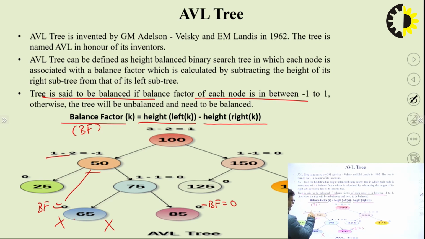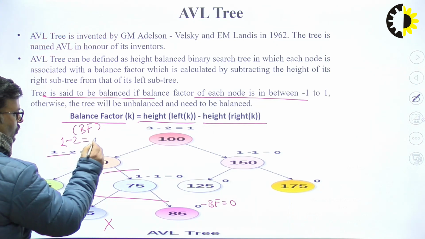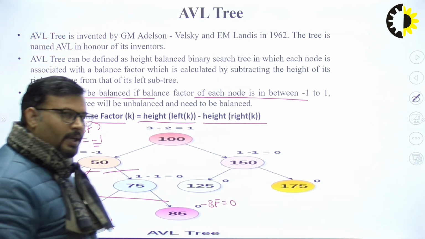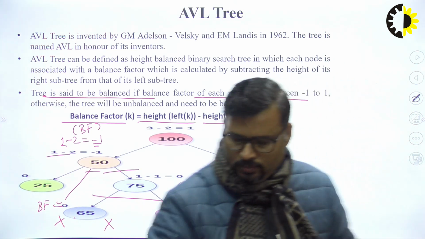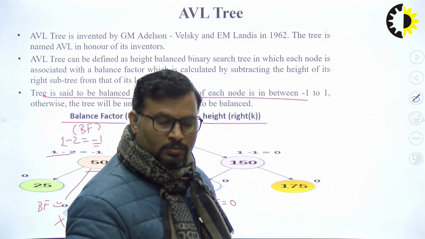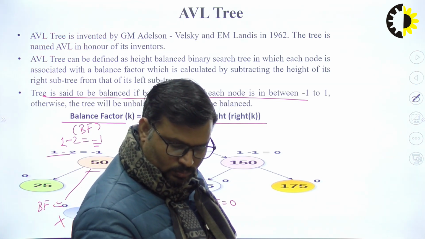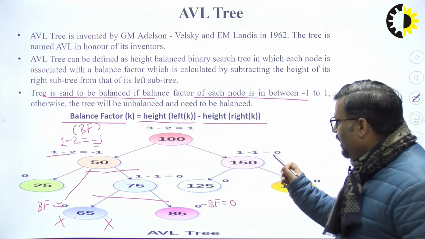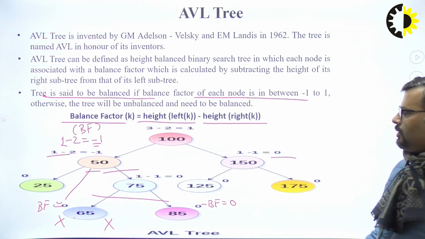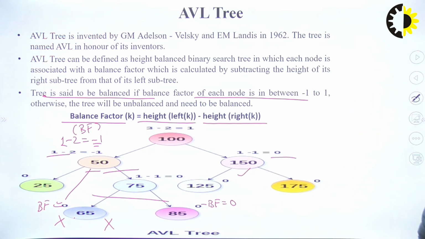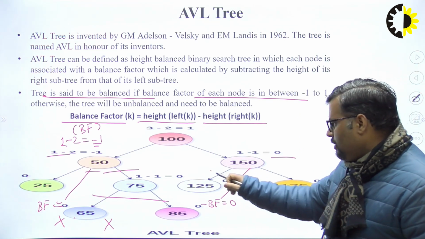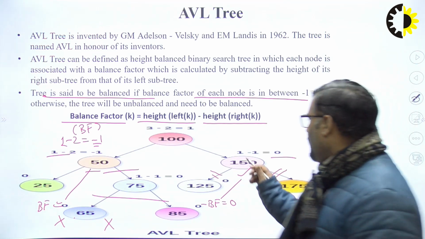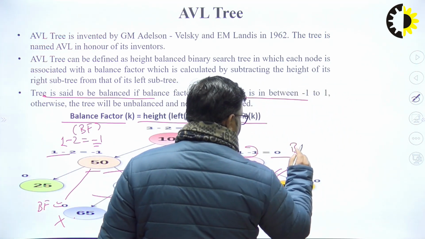Then check the balance factor: left height 1 and right height 2, which means 1 minus 2, so the balance factor is -1. Second, if we take the node 150, the left subtree height is 1 and the right subtree height is 1, so 1 minus 1 is 0, which means balance factor 0.